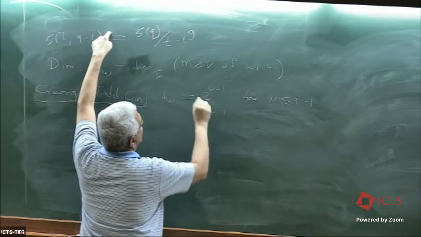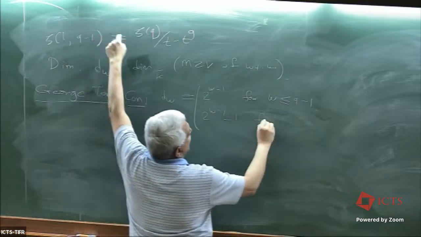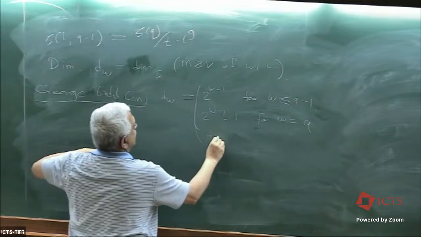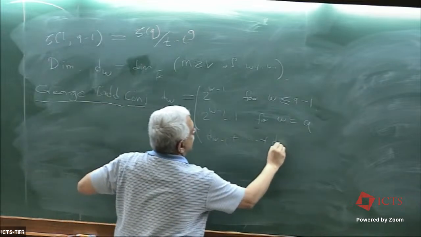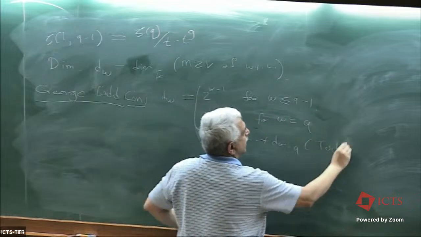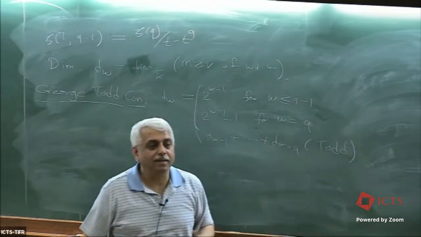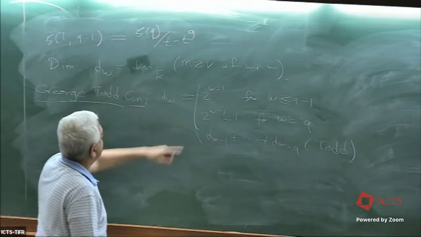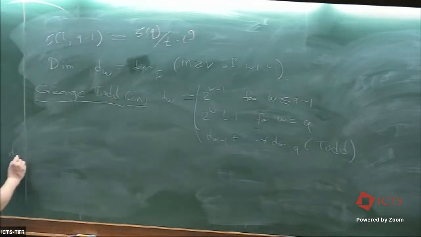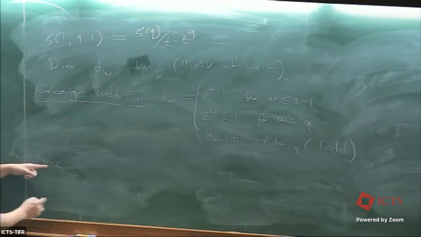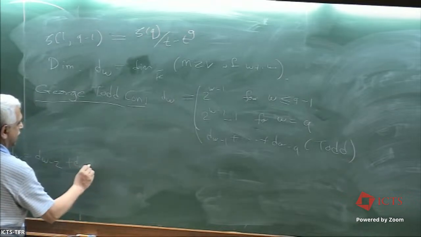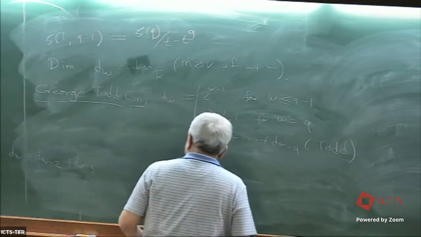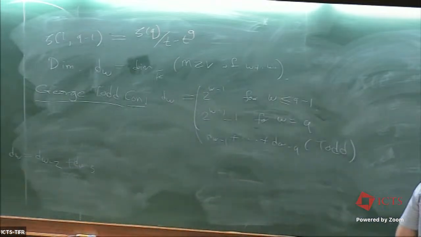So I had 2^(w-1) for w equal to q. And then the recursion relation is d_{w-1} plus d_{w-q}. This is Todd's recursion relation. So he conjectured from the numerical data that this should be the correct dimension. If you compare with Zagier, Zagier says d_w is d_{w-2} plus d_{w-3}. So instead of that, now it depends on q.